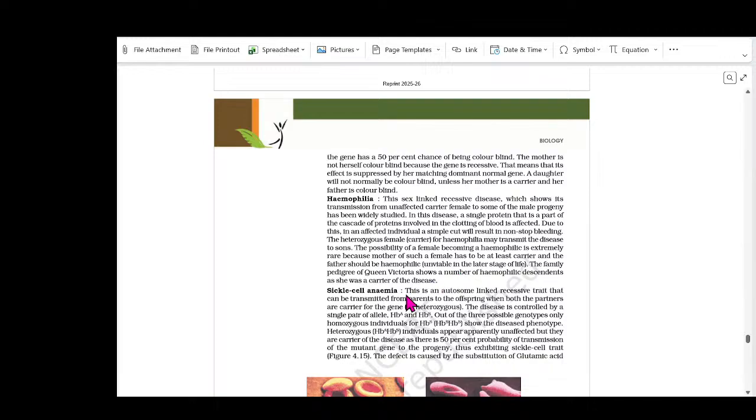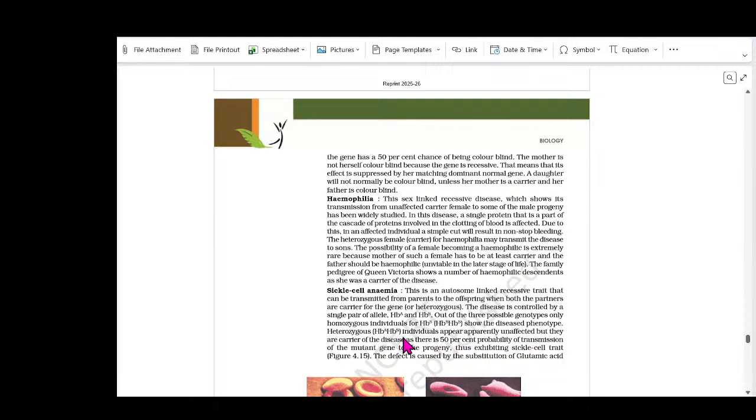Sickle cell anemia. This is an autosome-linked recessive trait that can be transmitted from parents to the offspring when both the partners are carriers for the gene, or heterozygous. The disease is controlled by a single pair of alleles, HbA and HbS. Out of the three possible genotypes, only homozygous individuals, or HbS HbS, show the disease phenotype.